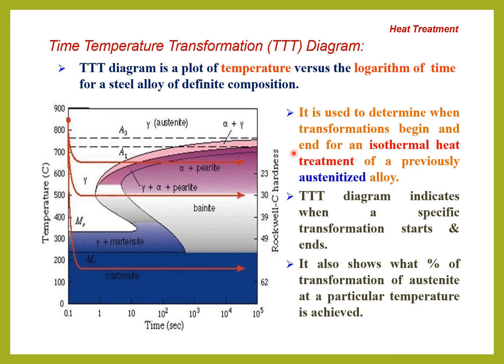For 0.8 percentage carbon we have already seen how austenite converts to martensite structure. Even if we keep reducing the temperature below zero, it remains martensite. This TTT diagram is especially useful for various applications: after manufacturing components we have to do heat treatment to improve the properties of the material.